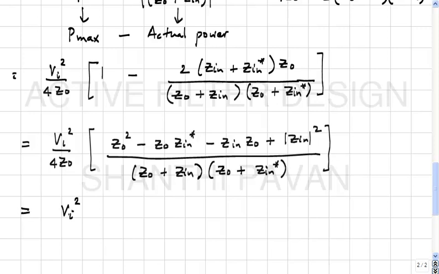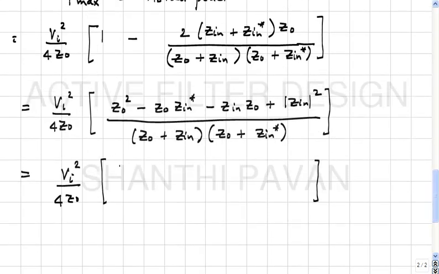And what can this be simplified as? Vi square by 4Z0 times, can you look at the numerator and realize something?